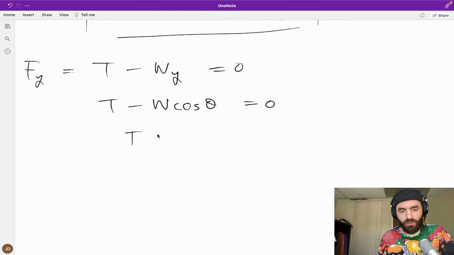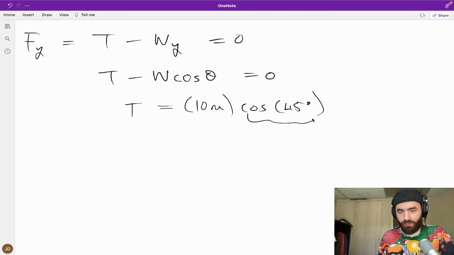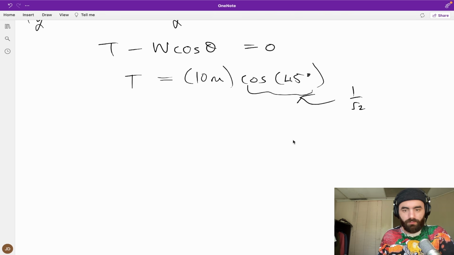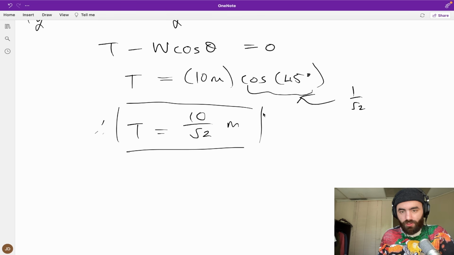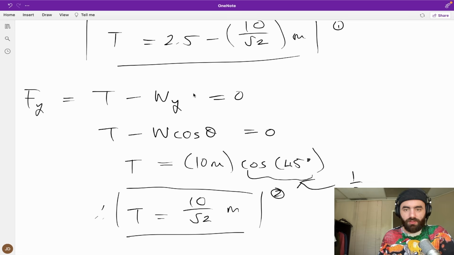So we get tension equals W, which is 10 m, times the sine of theta, which is 45 degrees, and this will also be 1 over square root 2. So therefore we get T equals 10 over square root 2 of m. Equation 2. Now we have two equations relating two unknowns.